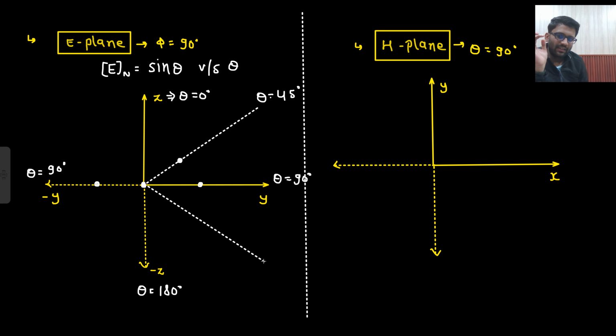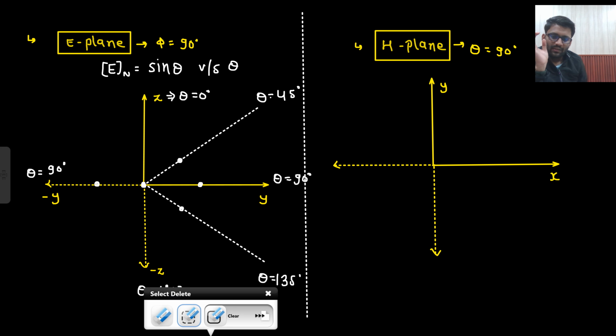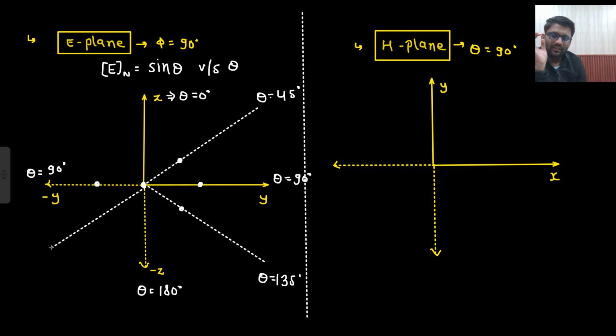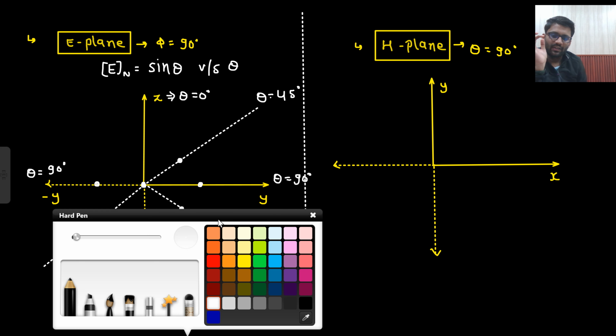What about this? What is this angle? This angle is theta equals to 135 degree. So at 135 degree what are you getting? Some 1 by under root 2, let's just say. What do you think will be this angle? So from here I need to measure. From where do I need to measure? From here I need to measure. So let's wait. This angle will also be theta equals to 135 degree.